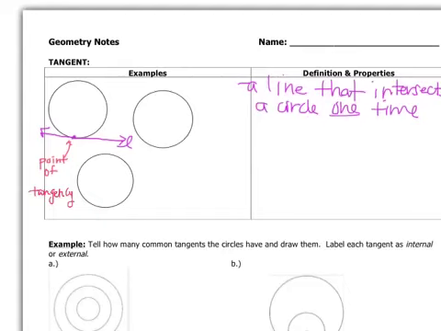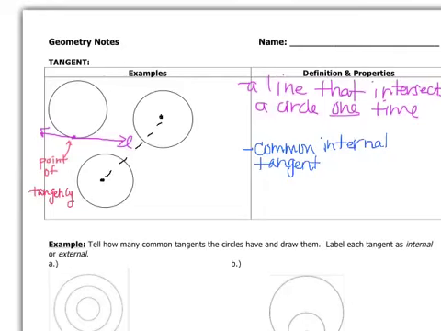The next type of tangent that we have is called a common internal tangent. So what we're going to do is this. The other two circles that we have, let's draw in the centers and then sketch in an imaginary segment connecting those centers.